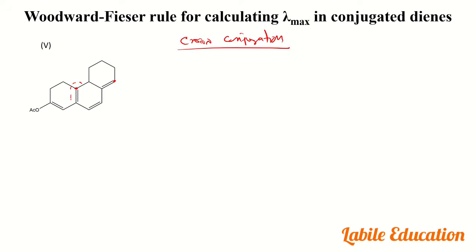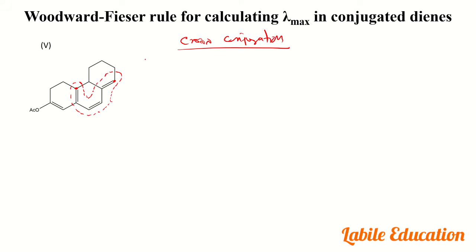So the conjugated system will be this one. This is very important to identify which system is there and whether cross conjugation is there or not. So there is cross conjugation, so we will consider this highly conjugated system. There is one homoannular diene, one extra double bond, and highly branched.